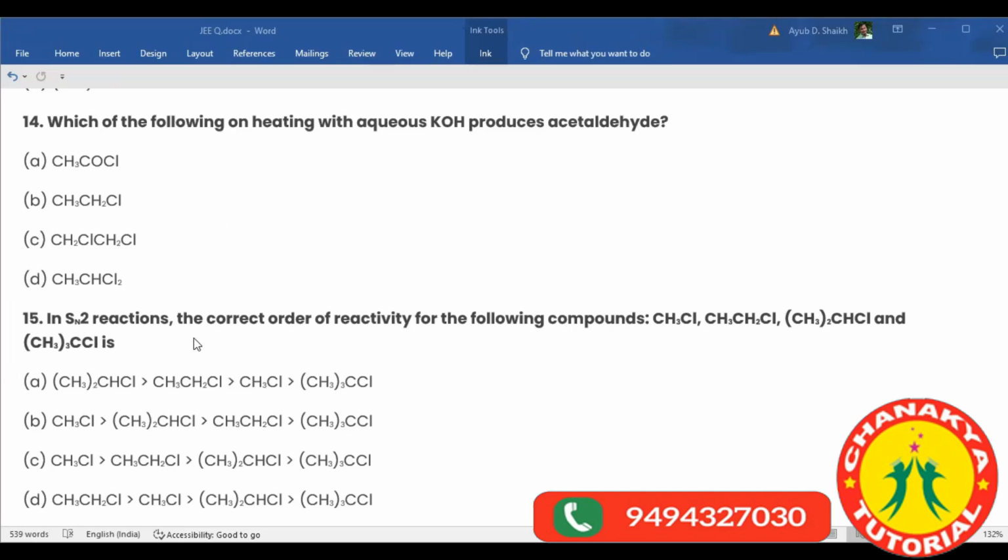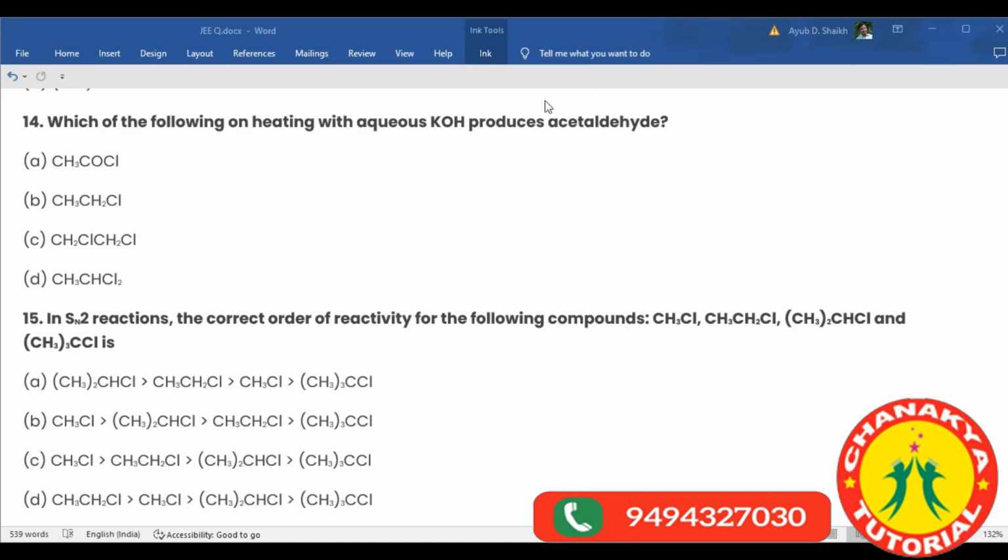In an SN2 reaction, the correct order of reactivity for the following compounds: CH3Cl, CH3CH2Cl, then (CH3)2CHCl, and (CH3)3CCl. SN2 reaction, correct order of reactivity.